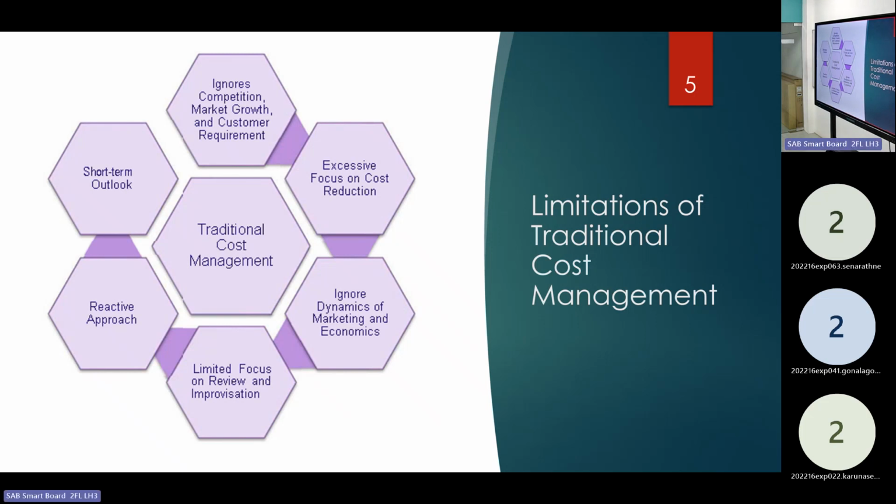So limited focus on review and improvisation, because basically you have set targets and you are trying to achieve those targets. Whether those targets are achieved or not, you take the variance analysis and take the actions. But when it comes to strategic cost management, you focus mainly on those external factors, like business strategy perspective factors. Those are not very much focused in traditional cost management, and it's very much a reactive approach.